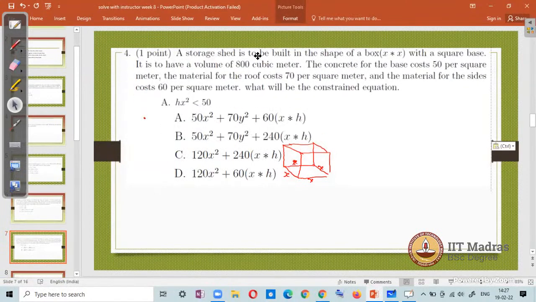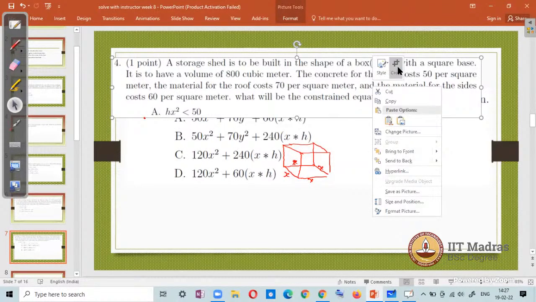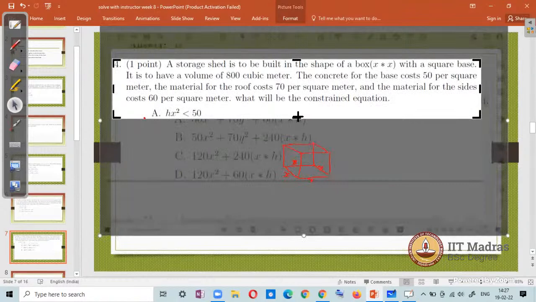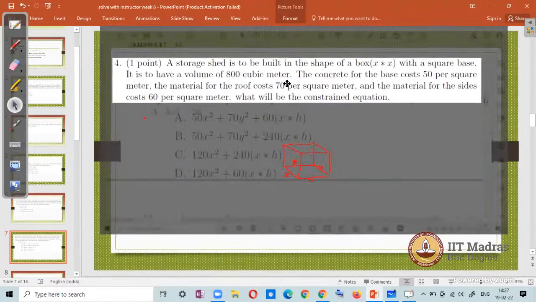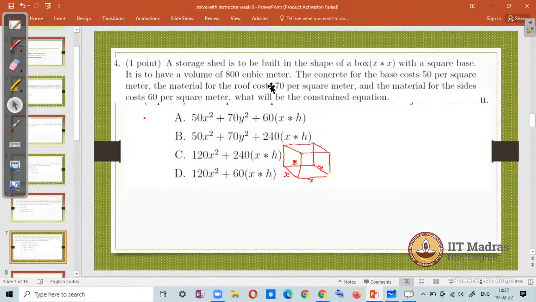Here, yeah, this is your question only. Now you have to write the objective function. So these are the options you have.